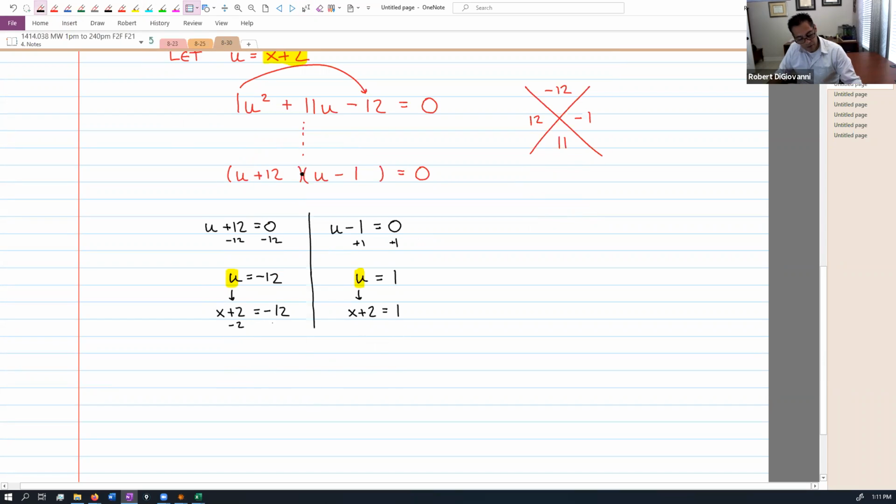So subtract 2 here, subtract 2. We get x is negative 14. And then over here, x equals, subtract 2, subtract 2. You get x is negative 1. So we have two solutions. Are there any questions on that?